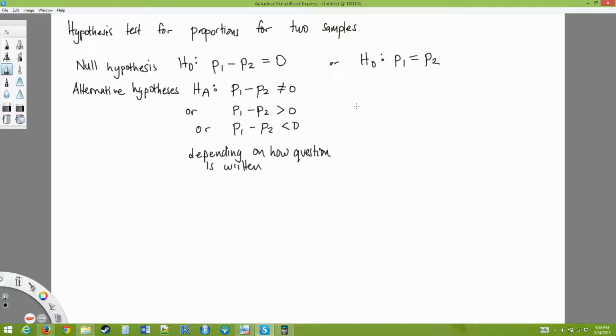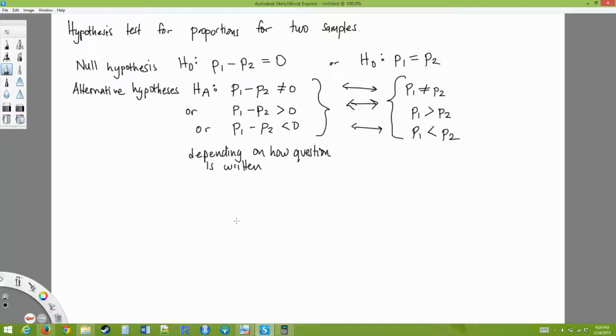Their equivalent this way would be P1 doesn't equal P2. These things say exactly the same thing. This is just from algebra, though. I shouldn't have to say that these are equivalent, but students always get thrown off. So you might see it written one way or another. They're all the same. That's how the hypotheses are set up.